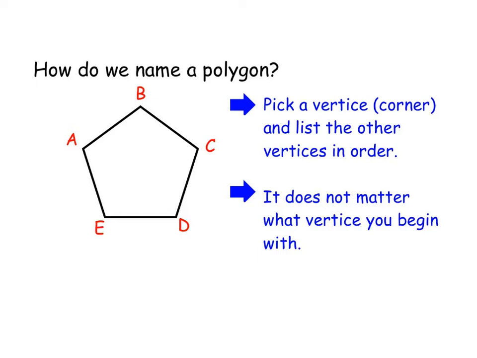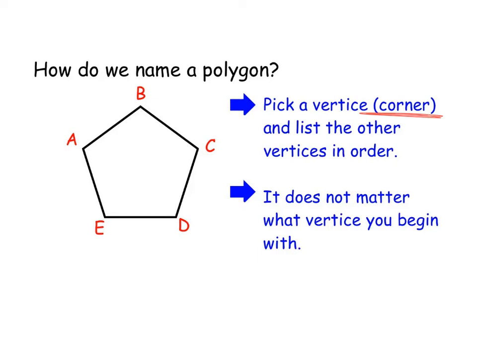Before we continue on talking about shapes that are congruent, I just want to mention that as we talk about these shapes, we're going to name them. The way that you name any polygon is you pick a vertex, or a corner, and you start at that corner and then list the other vertices in order.